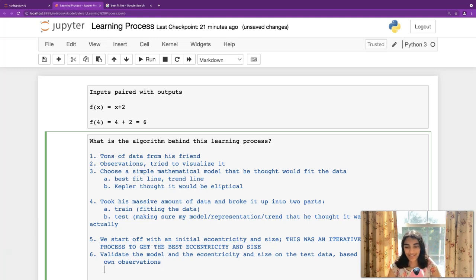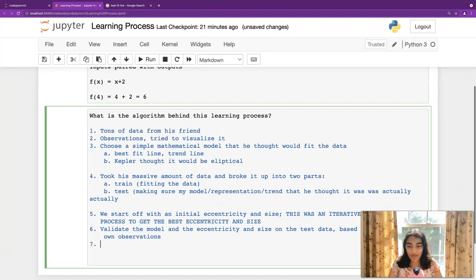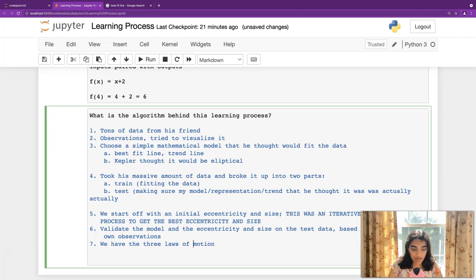So part number 7, we have the 3 planetary laws of motion. It's actually laws of planetary motion, so let's not get it mixed up.